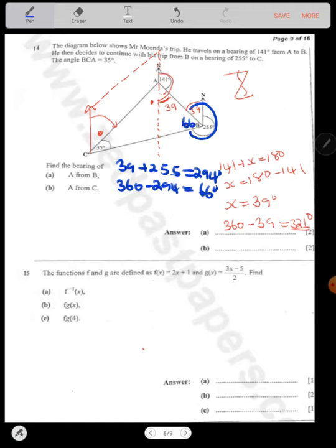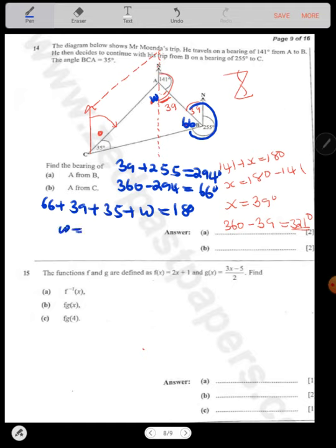Now we also know that this plus this here plus this, let's call it W, will give us 180 because that's a triangle. Therefore, we'll say 66 plus 39 plus 35 plus W should give us 180. So we are saying 66 plus 39 plus 35 gives you 140.